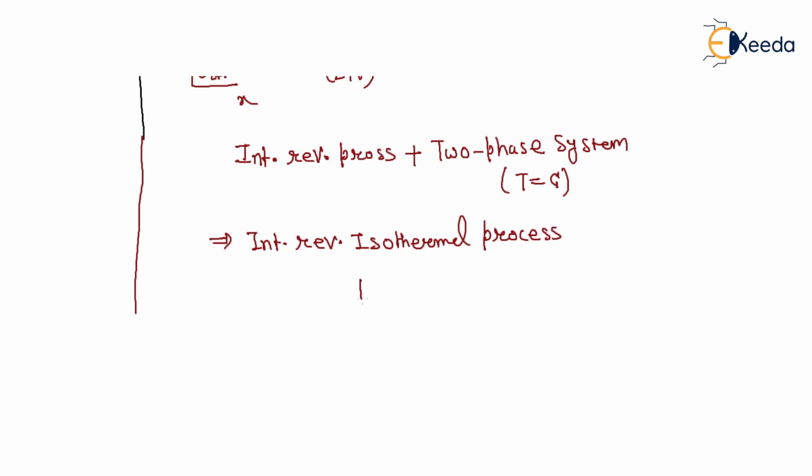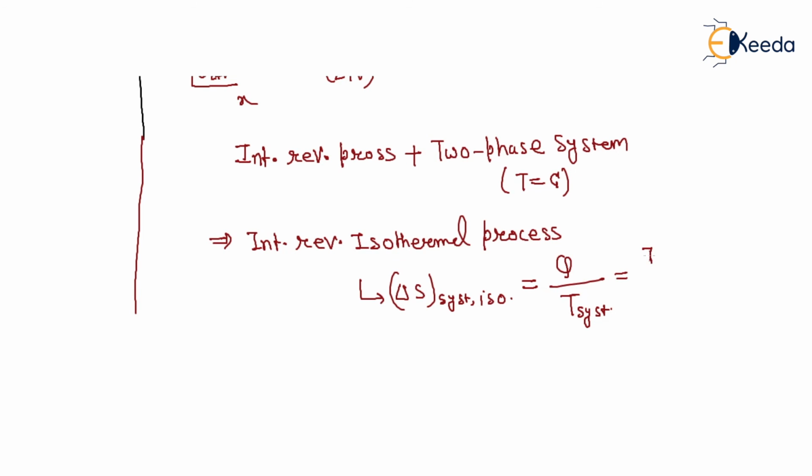And we know what the entropy change is. Delta S of the isothermal system is Q by T of the system. Is Q positive or negative? It must be positive. Why?